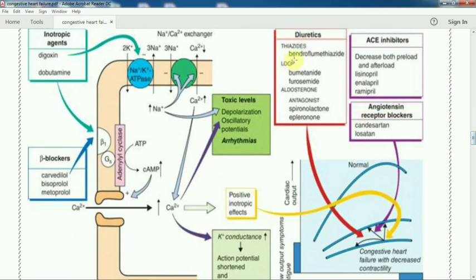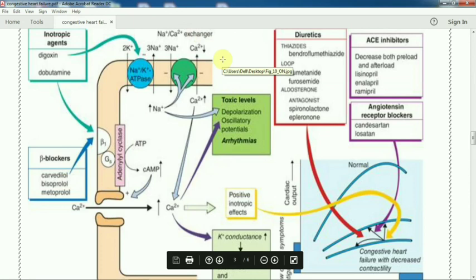Diuretics, thiazide, loop diuretic, furosemide, ACE inhibitor, angiotensin receptor blocker, then inotropic agents like digoxin, dobutamine, beta blockers like metoprolol, carvedilol, then toxic level. These are the different types of drugs which increase the cardiac output.